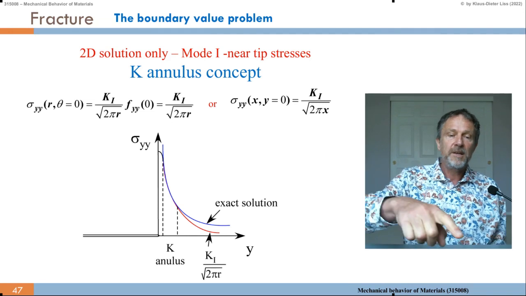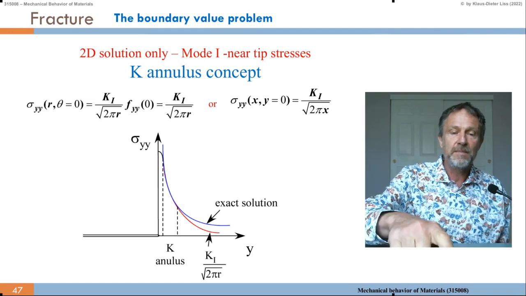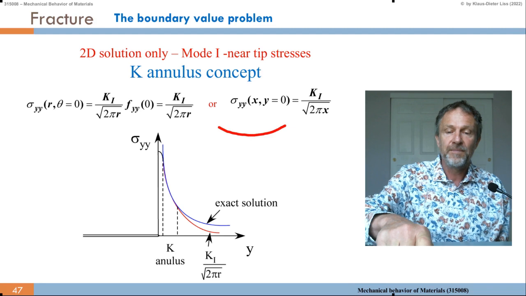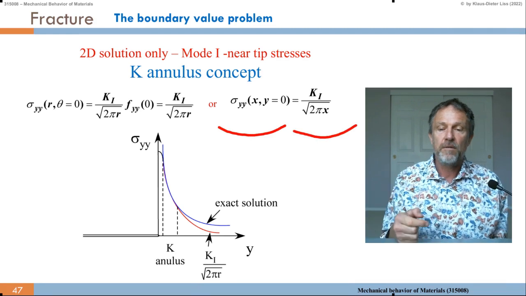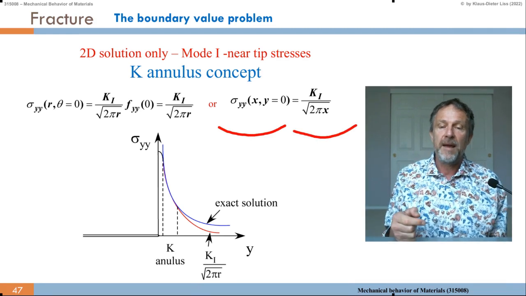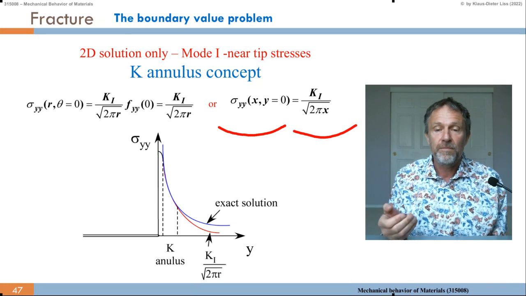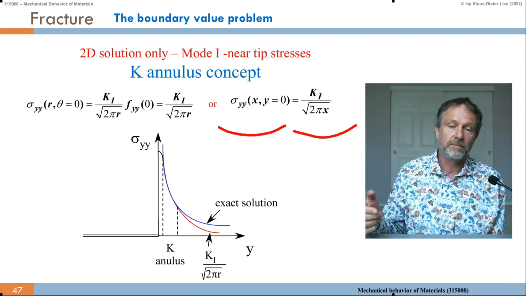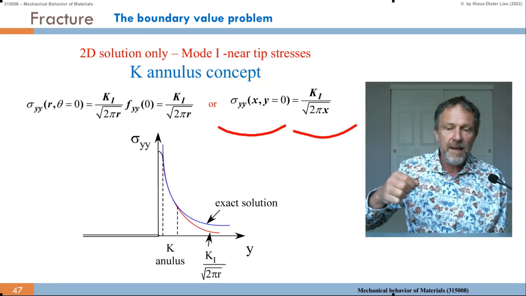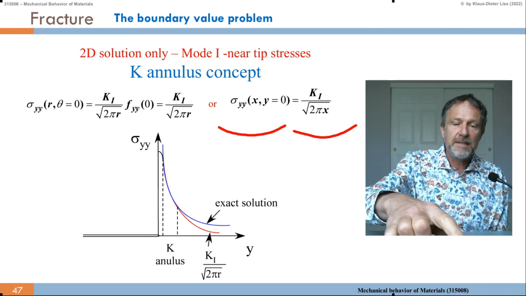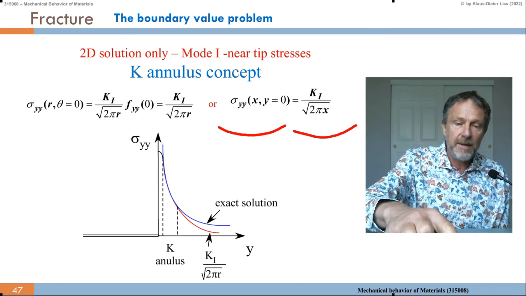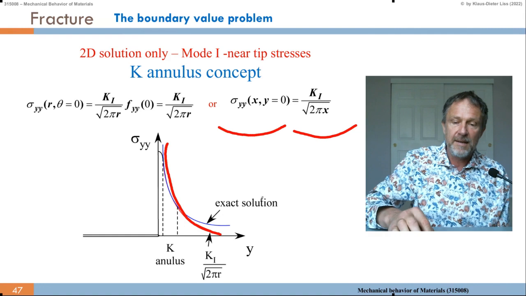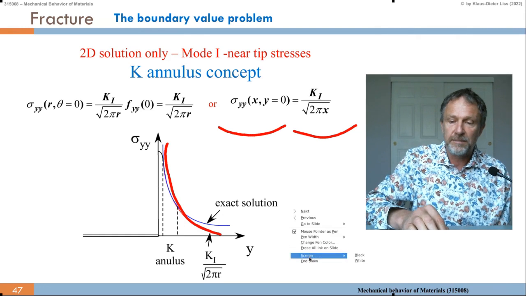This equation, sigma yy equals K1 over square root 2 pi r, or 2 pi x, basically scales like the red line here. So qualitatively it goes like the red line shown in the graph.